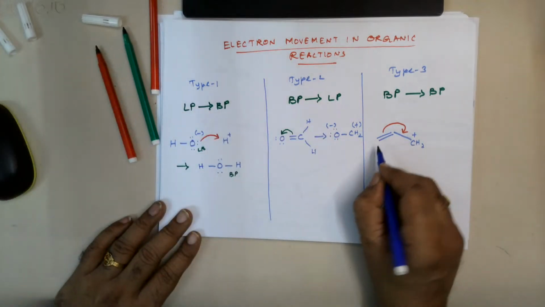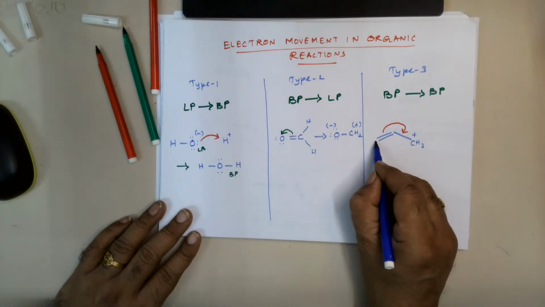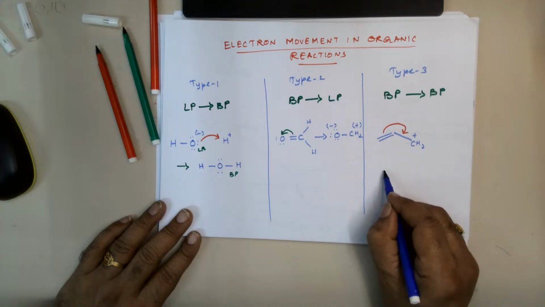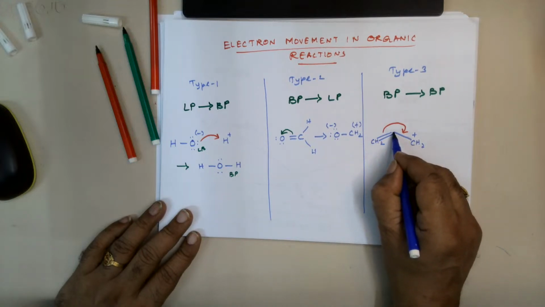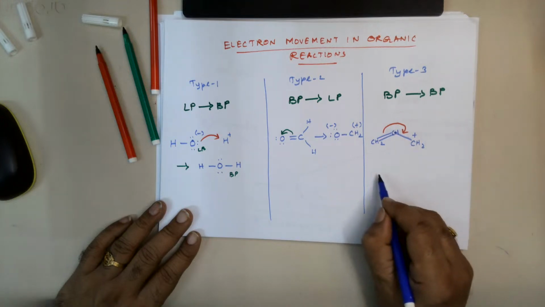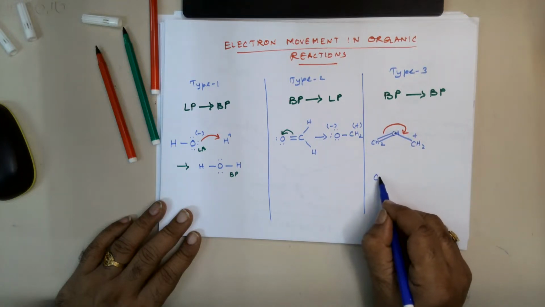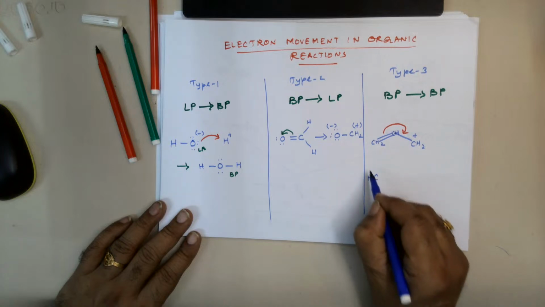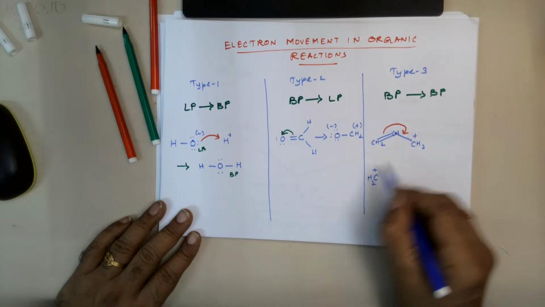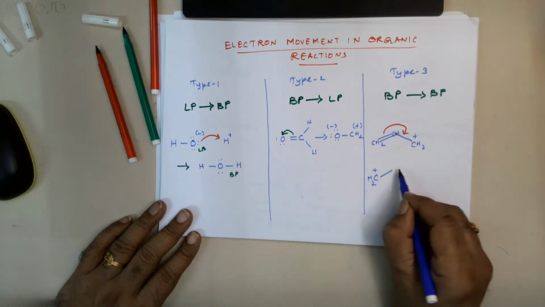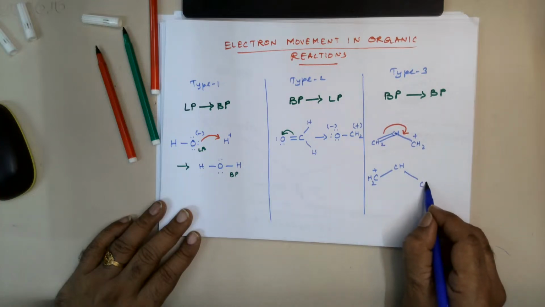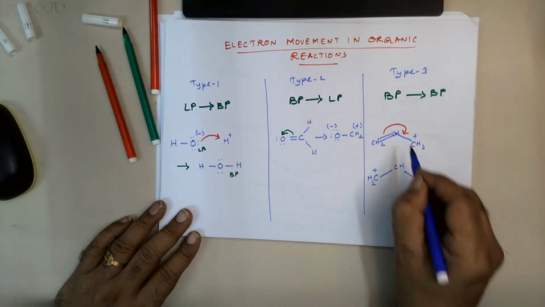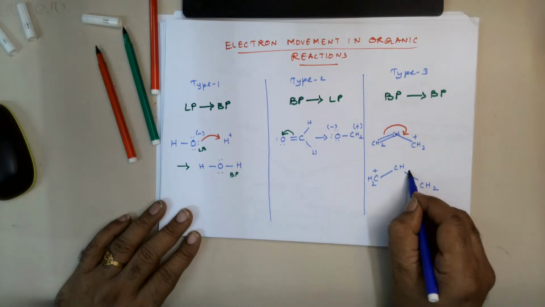CH2. Now here also you got CH2, okay? And if you want, you can put CH2 here. What about this? This is simply CH only, okay? Now this CH2 has attained plus charge because it has lost one pair, and CH, then CH2, and now it comes here.